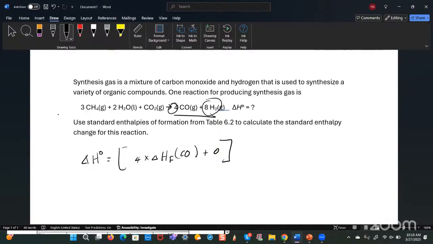And then I would subtract from that the sum of the enthalpies of the reactants.